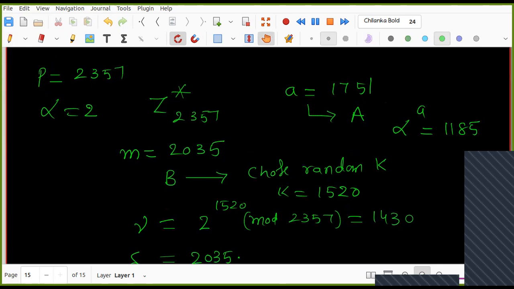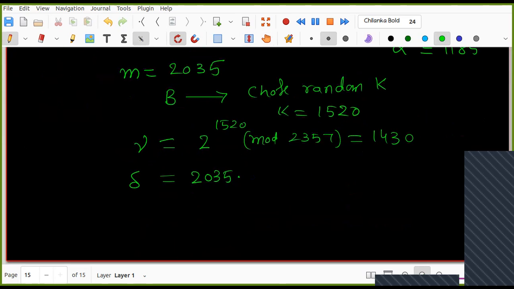Now for delta, alpha power a to the power k, so power 1520 modulo p, that is 2357. This is going to be 697.